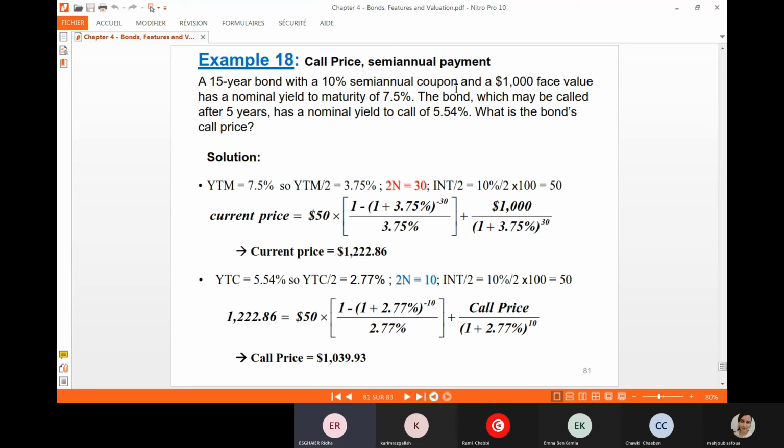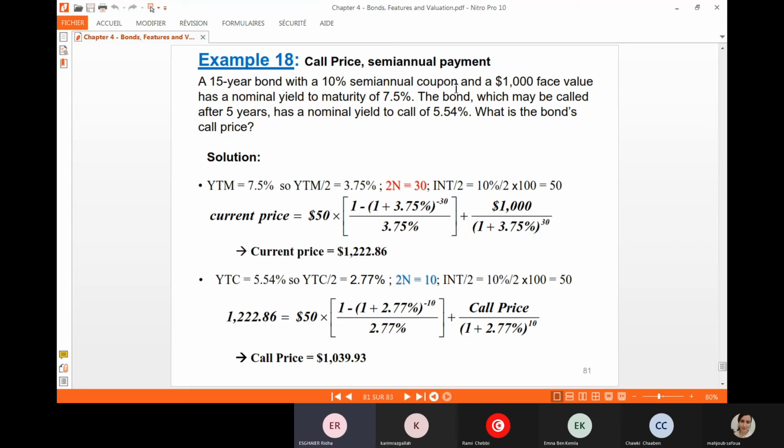The bond, which may be called after 5 years, has a nominal yield to call of 5.54%. What is the bond call price? So here we know the yield to call.